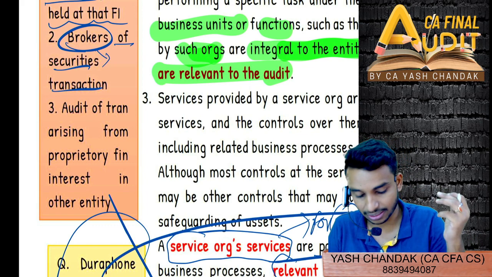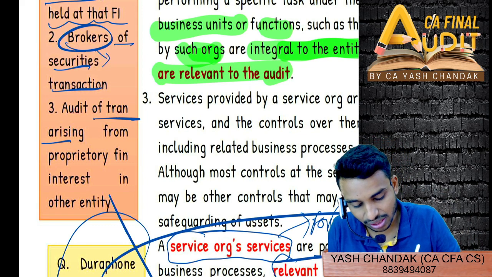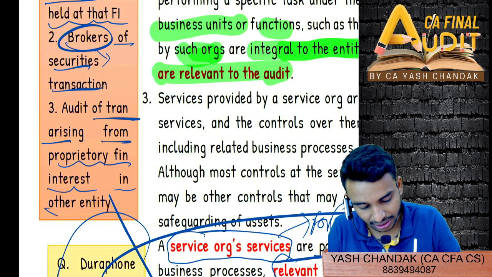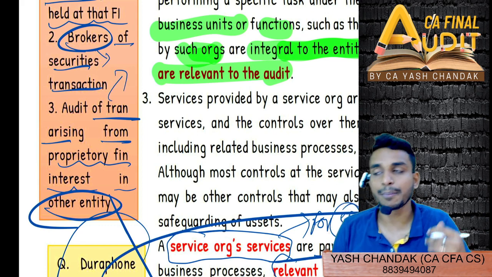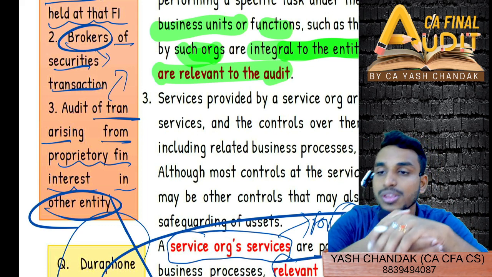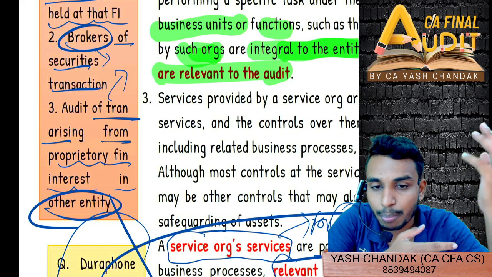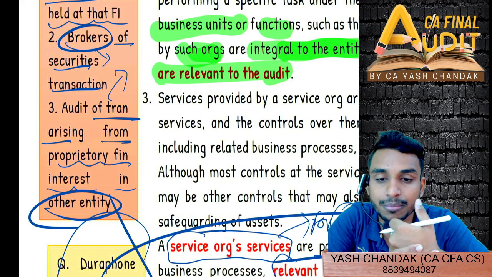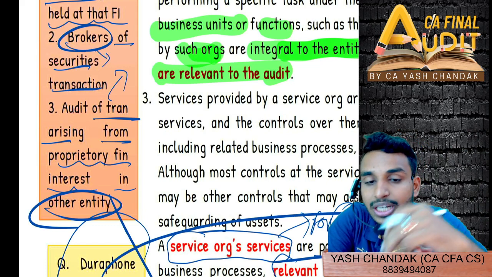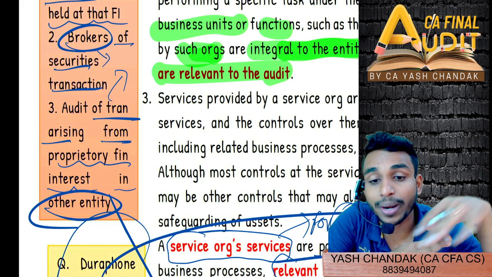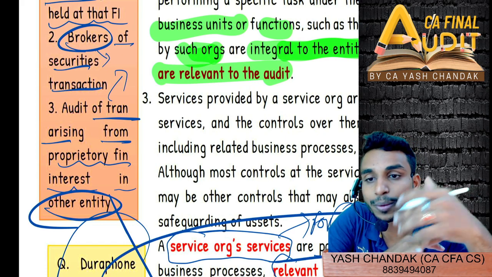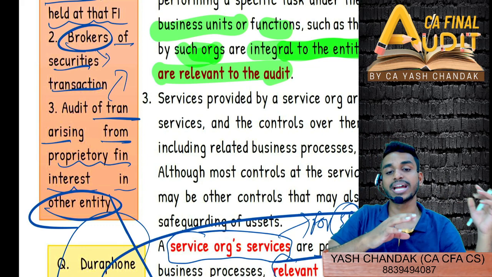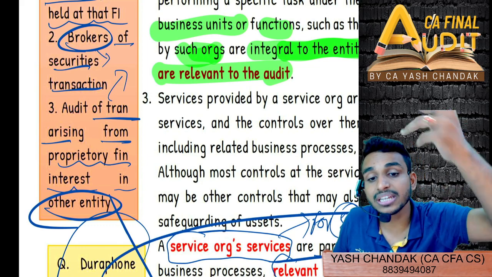No, not like that. And then, audit of transactions arising from proprietary financial interest in another entity. I can give you one example. Suppose Pooja and Sagar have a partnership firm. Now I went and started auditing Pooja's individual proprietorship firm, and I found that she is also a partner in another entity.